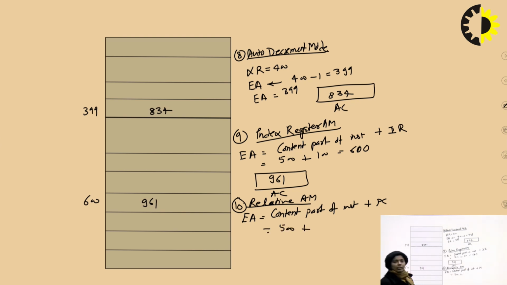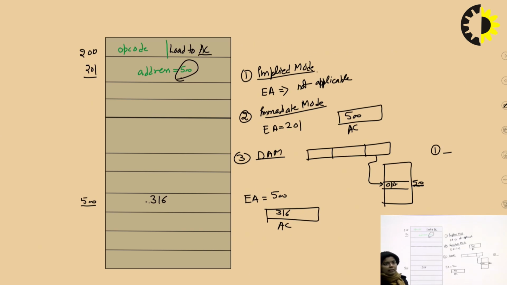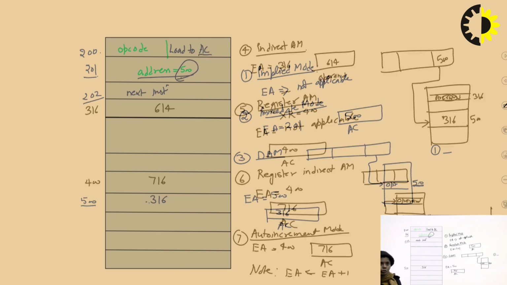But what is the value of the PC? Currently this instruction is being executed, so the next instruction will be at memory location 202, because 201 is currently executed. So the next instruction to be executed is 202.